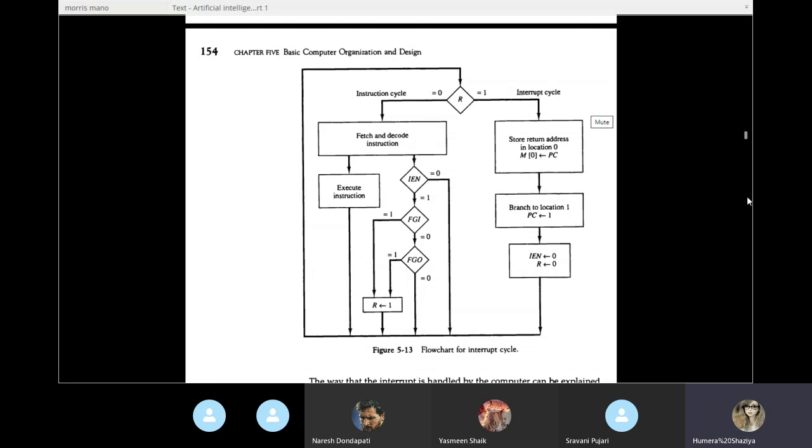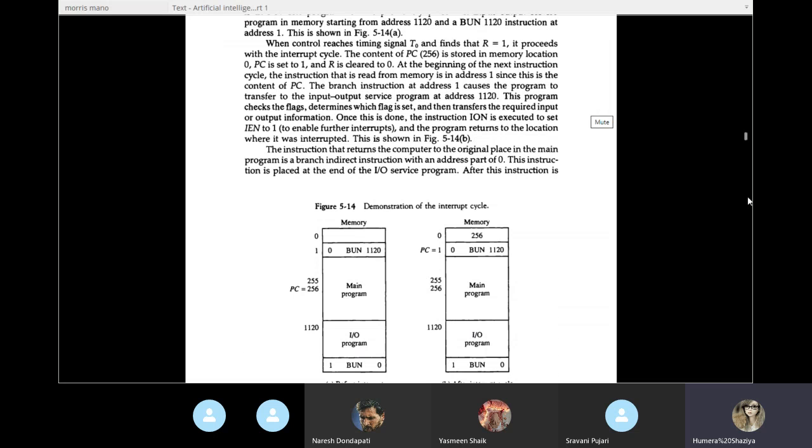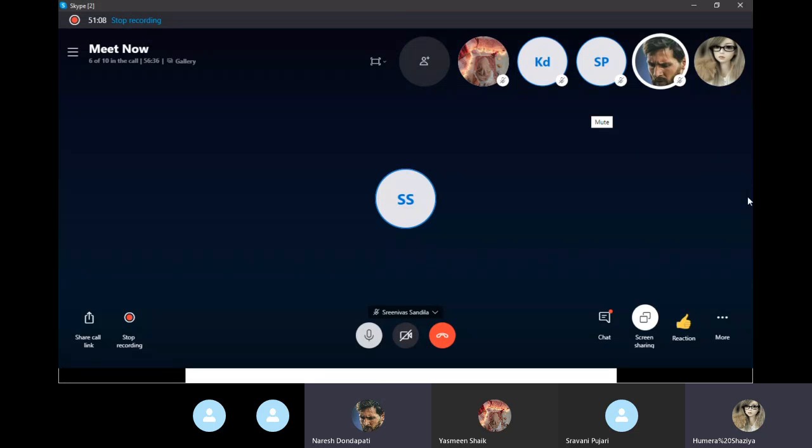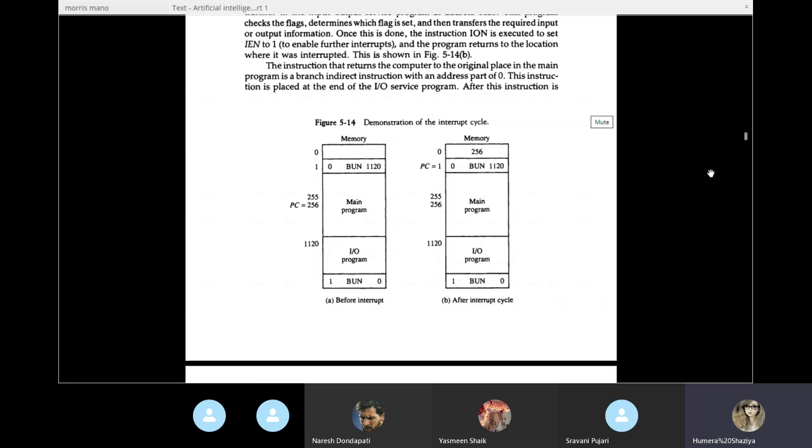Okay, this is about the interrupt cycle. This is the demonstration of the interrupt cycle. Suppose the processor is currently executing the instruction at 255 and an interrupt occurs.